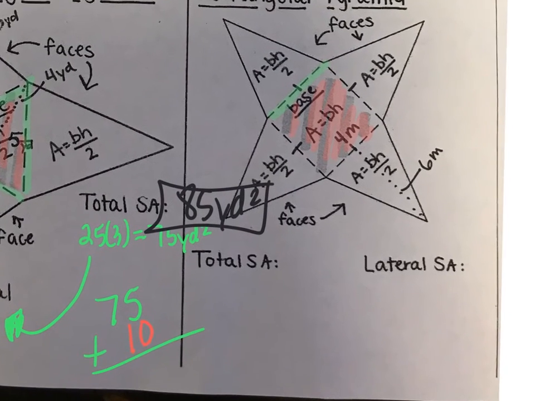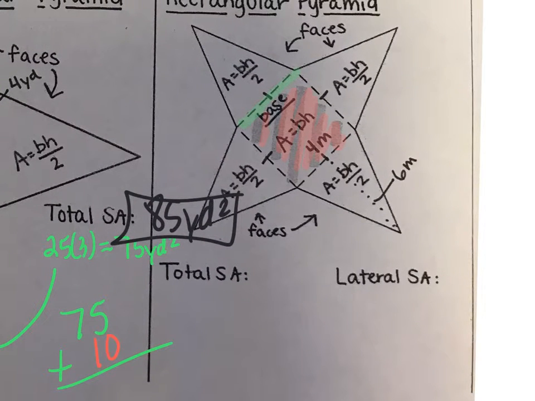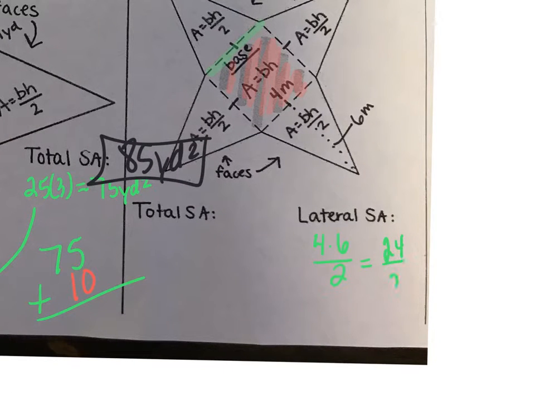So my lateral is going to be my triangle that is 4 times the height, which is 6, divided by 2. 4 times 6 is 24. 24 divided by 2 is 12. How many of those triangles do I have? 4. So 12 times 4 is 48. So it's 48 meters squared.